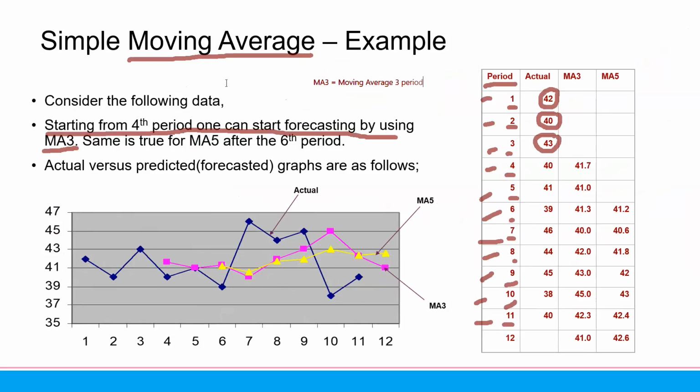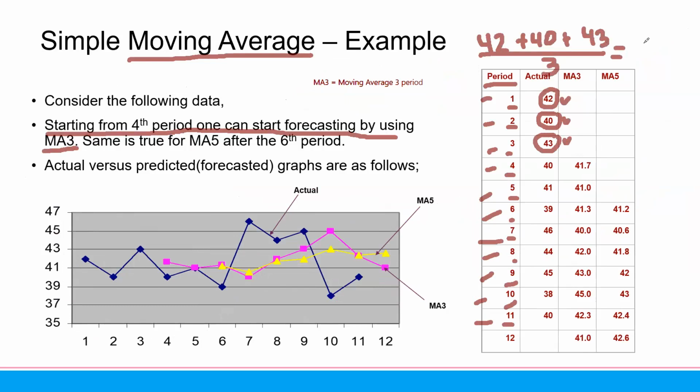It means I will do the summation 42, which is the data in period 1, plus 40, which is the data in period 2, plus 43, which is the data in period 3, and I will divide by 3.